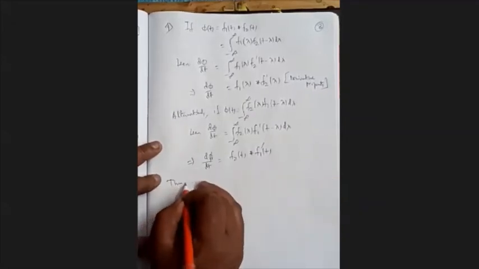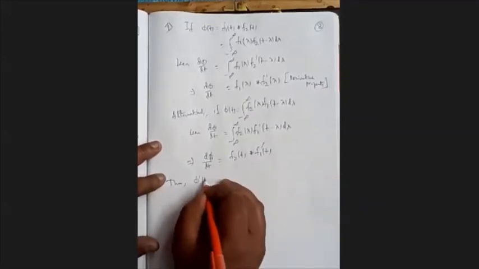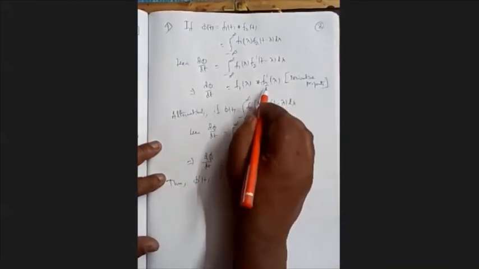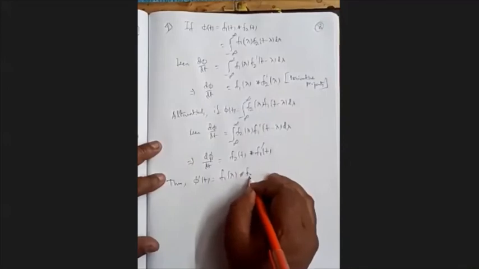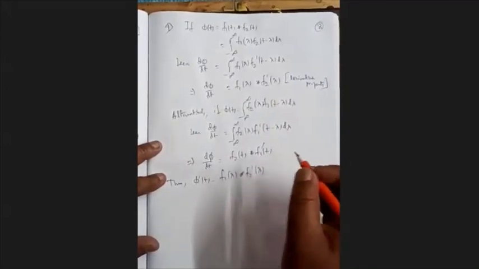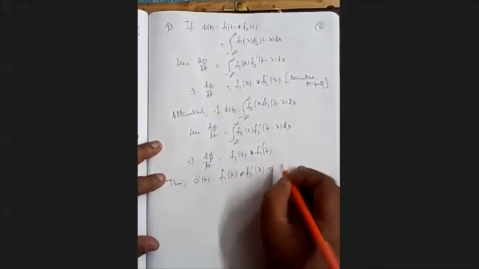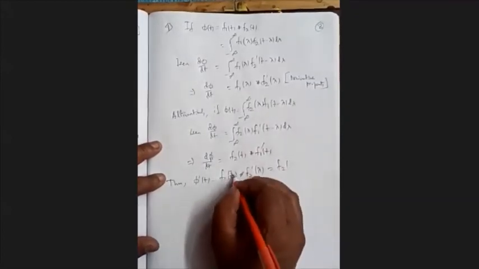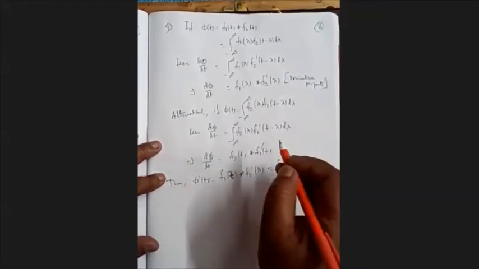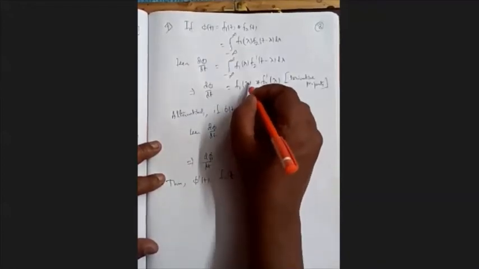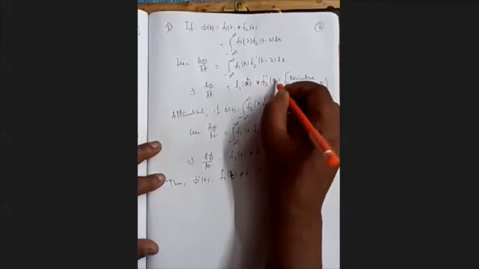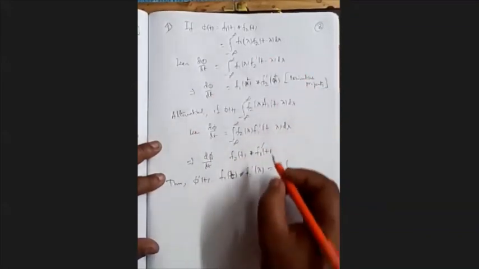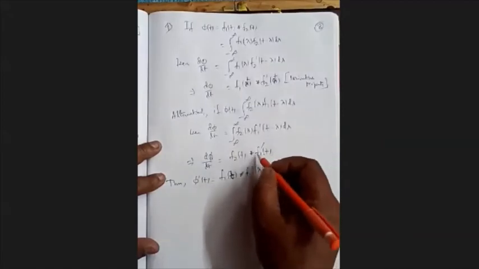Thus, we can write phi dash (t) equal to f1(lambda) star f2 dash (lambda), okay, equal to, again we can write f2(t), f1(t). There is a mistake, it should not be lambda, it should be t actually, because lambda is the dummy variable. Lambda is the dummy variable, here it is correct.